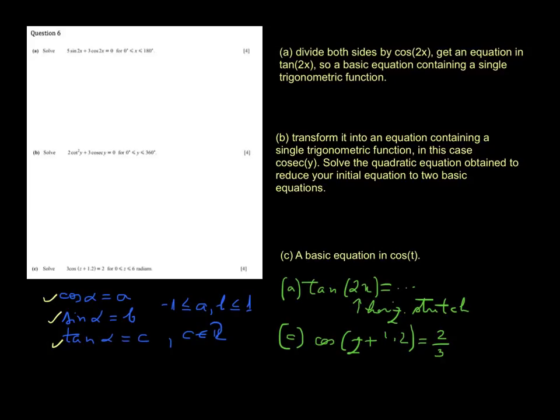So I need to make sure that this is reflected in my new domain. So I let z plus 1.2 equals t, but then I look for a new domain in t. So in all trigonometric equations, the general method is the same. Try to write your equations in terms of a single trigonometric function that can be one of these three, involving maybe some horizontal stretch or translation.